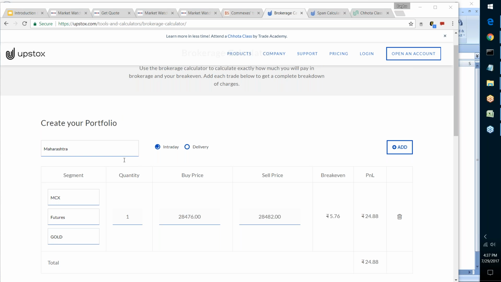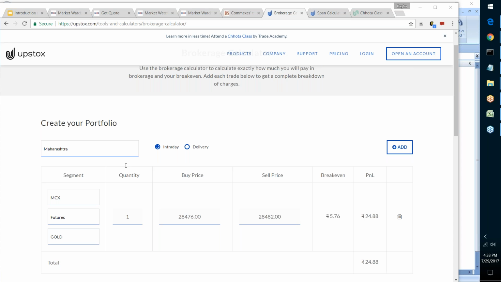So Guru Darshan is saying in mini, 1 tick equals 10 rupees. Yes, that's exactly right, Guru. So Prakash is saying, is it the same? Will all the commodities be like crude? I don't know what you mean by that, Prakash. Karthi is saying in gold, quantity means 10 grams.